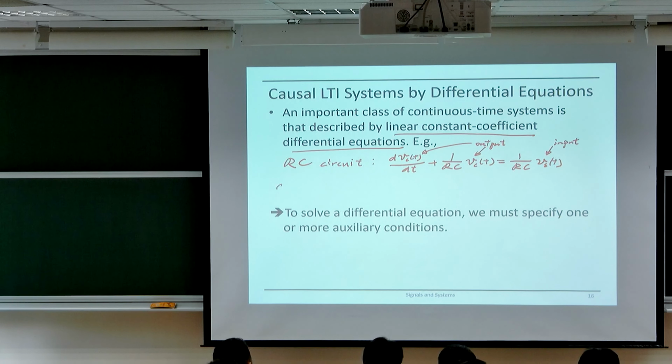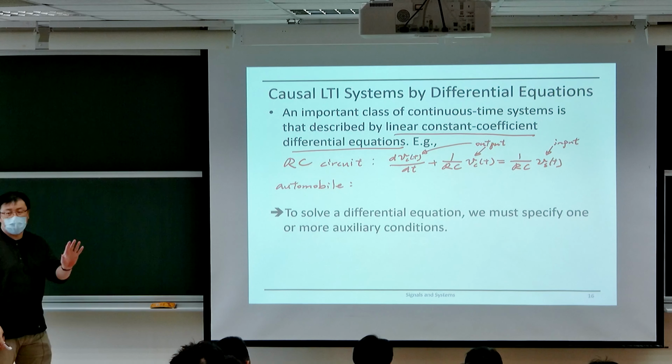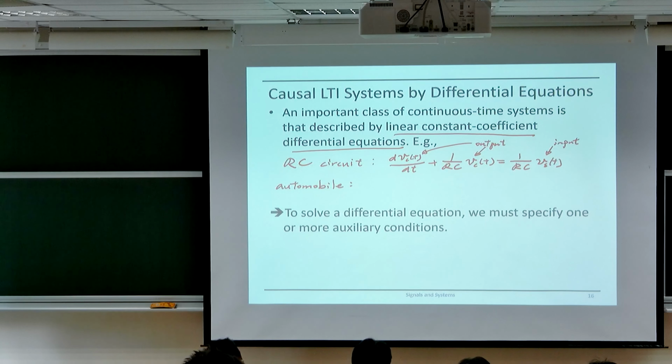In another example, the automobile, we use the force that we impose on the automobile as the input, and the velocity of the automobile as the output. In that case, we get the derivative of the velocity plus rho over m times the velocity equal to 1 over m times the force.